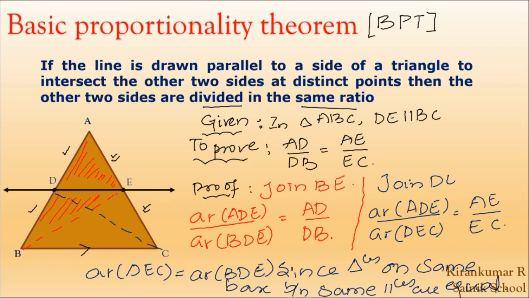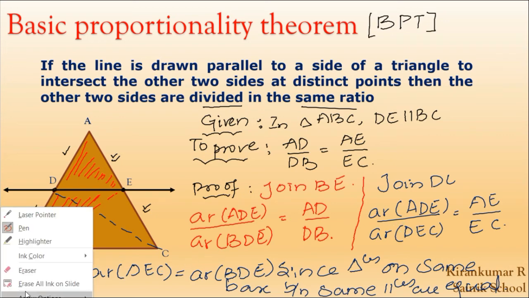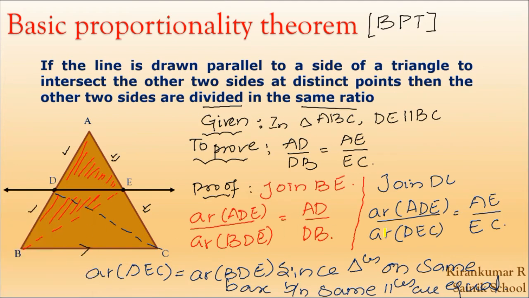Observe the left hand side and the right hand side. Since DEC is equal to BDE and the numerators are the same, ADE, the right hand sides will be equal.